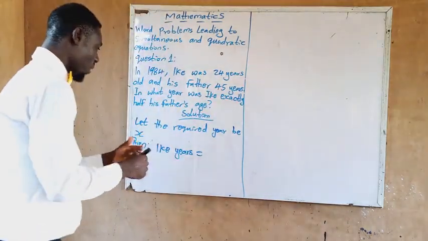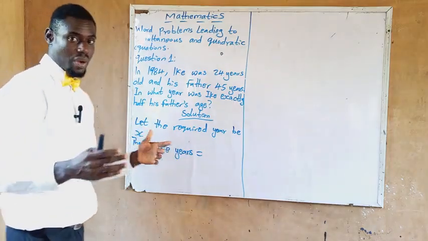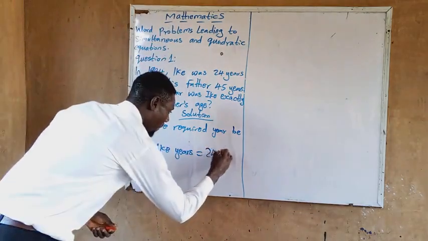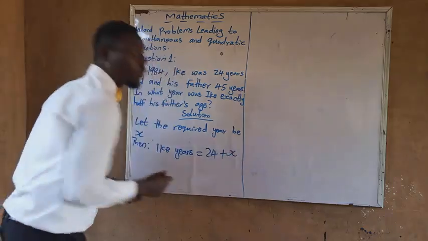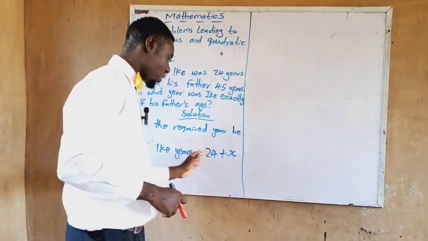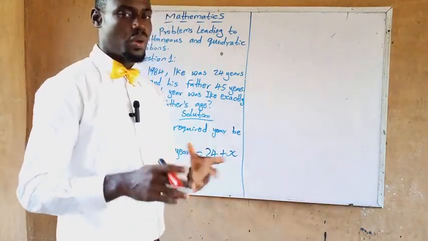Since the age gap should be X, let Ike's years be 24 plus the unknown years, X.